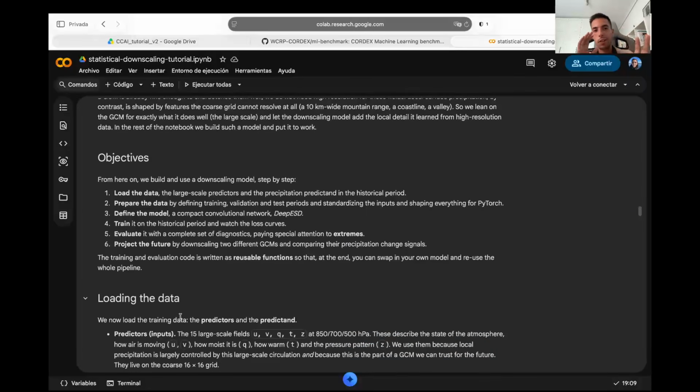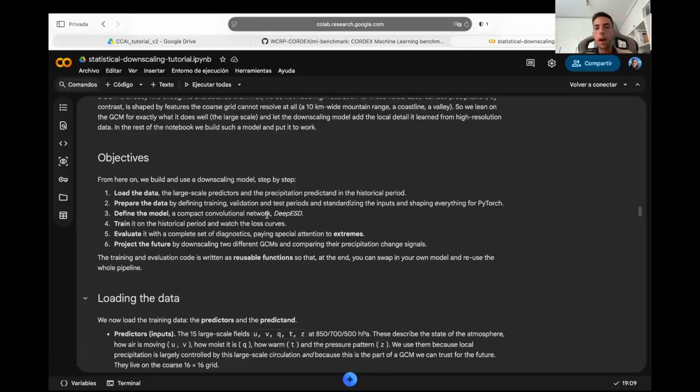So now, especially after you go through the notebook, we have some background and some idea about the statistical downscaling and what we are doing. What we are going to do is to start working with the code. We are going to load the data from the benchmark that we talked about. We are going to prepare the data to train the deep learning models.